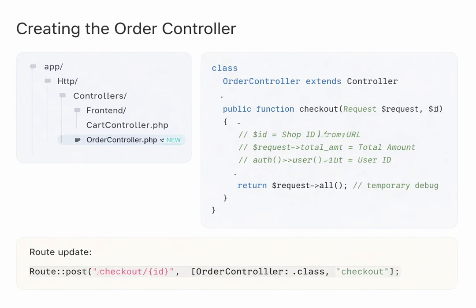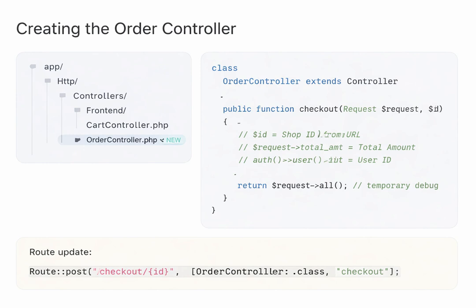The instructor creates a new file called order controller inside the front-end controllers folder. This controller will handle everything related to orders, starting with the checkout function. The checkout method accepts 2 parameters, the request object, which carries all the form data, and the shop ID from the URL. The route is also updated. It's changed from a get route pointing to cart controller to a post route pointing to the new order controller.